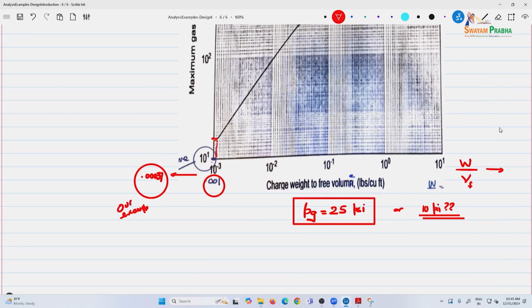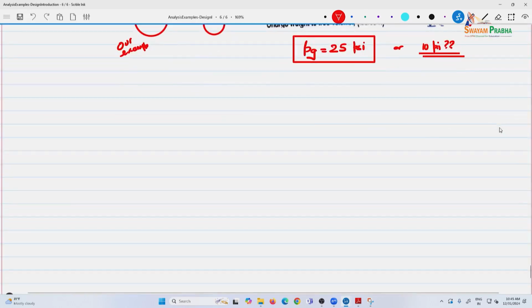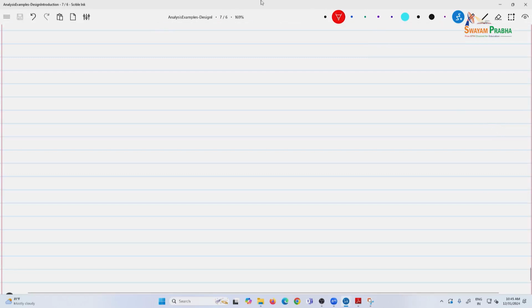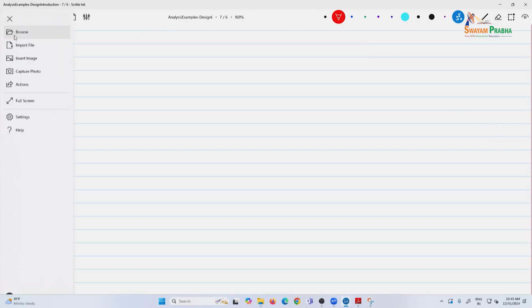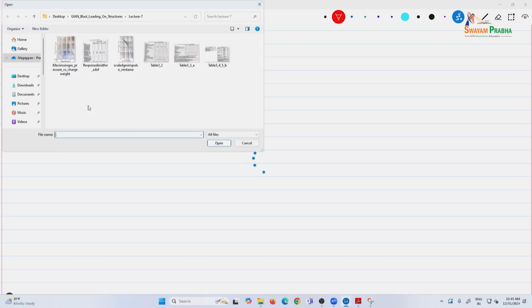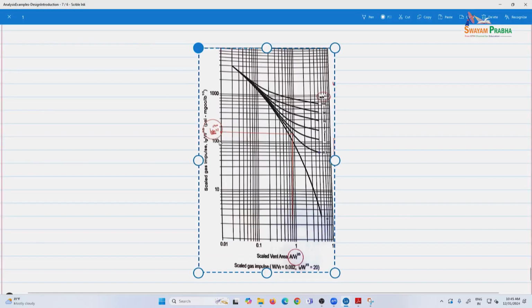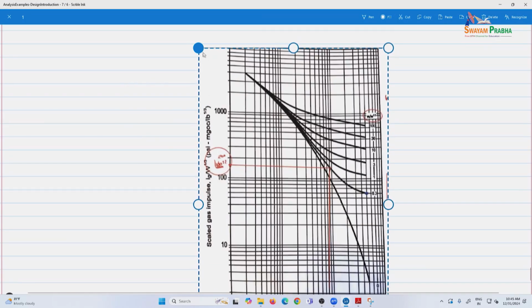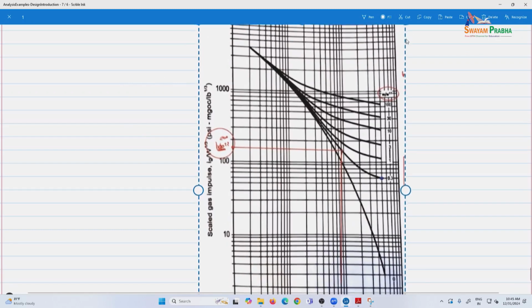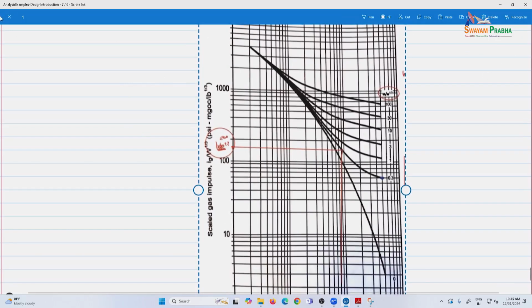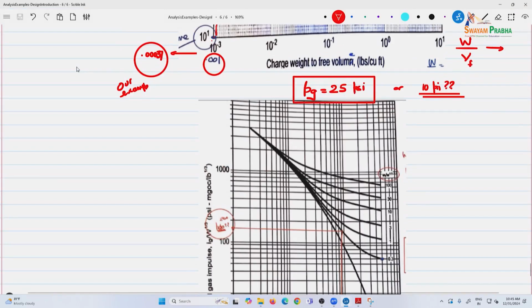So either way you can assume the one that you need, and then there is another chart that we use.